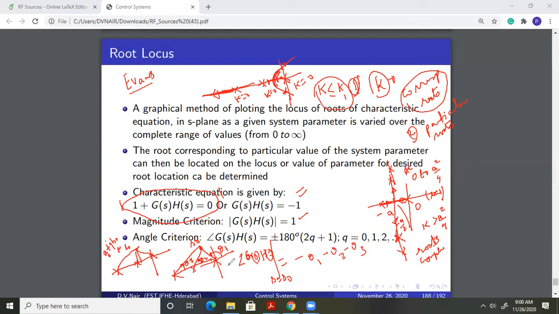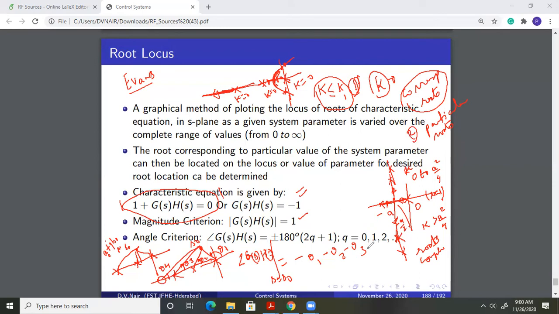Let us say somewhere here I have a 0 also, right? Where should I put my 0? Let me put a 0 here. Okay, there is a 0 also. And this is the angle contributed by the 0, theta 4.